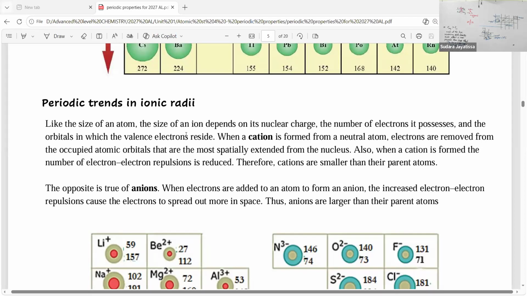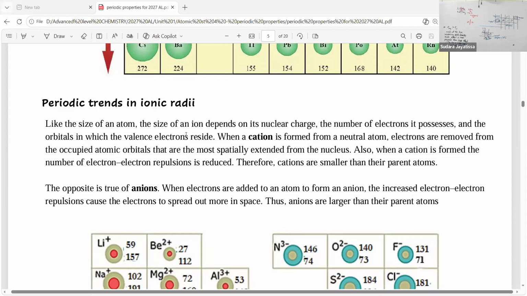When a cation is formed from a neutral atom, electrons are removed from the occupied atomic orbitals that are most spatially extended from the nucleus. That we already know. When we want to remove electrons, we remove them from the outermost energy level.